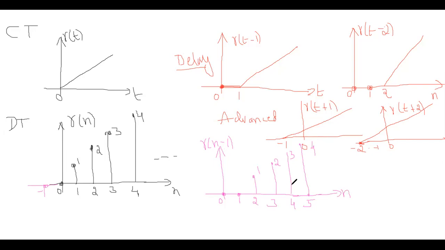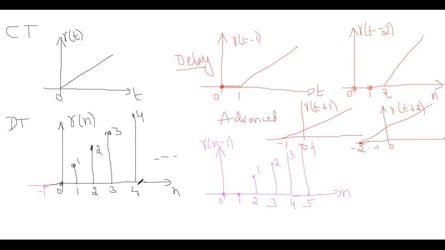This is r of n minus 1. Only one sample is shifted. One sample means whatever the value is here, it is shifted, that is 0. And whatever the value at n equal to 0, you get at n equal to 1. That is also 0. And the value of 1 at n equal to 1, you get at 2. And the value at n equal to 2, you get at n equal to 3. And the value at n equal to 3, you get at n equal to 4.